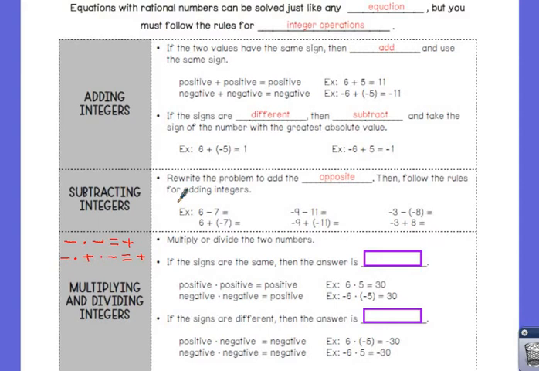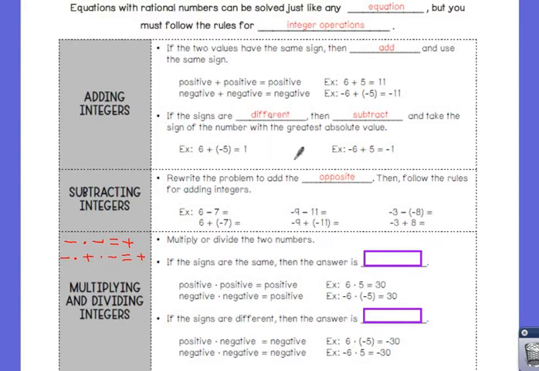What if I had to, this would be tragic, if I had to divide 27 negative numbers? What's my answer going to be? A negative. Why? Because 27 is an odd number. So division and multiplication, odd numbers are negative, even numbers are positive.